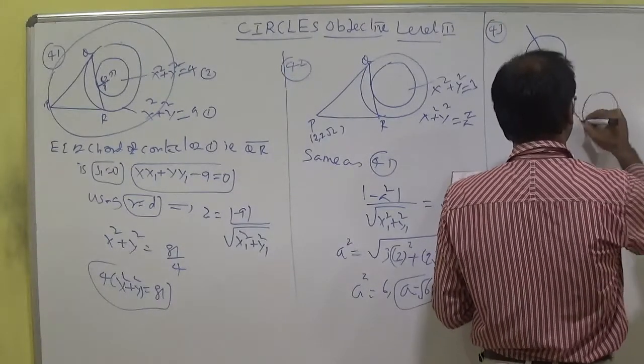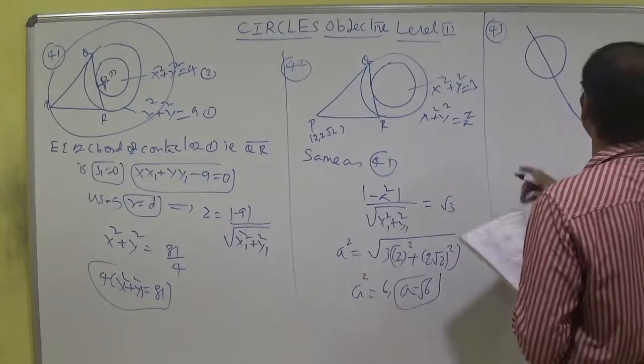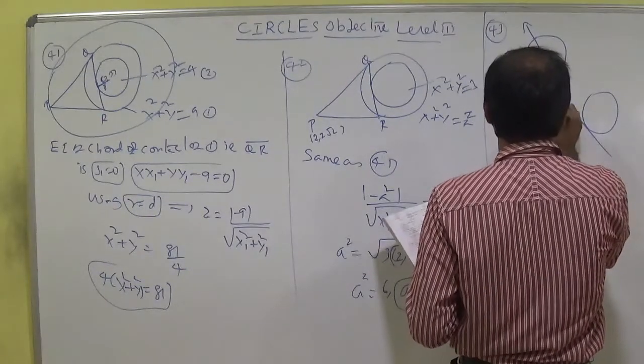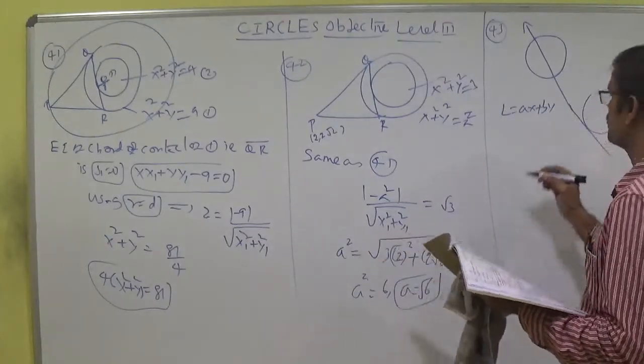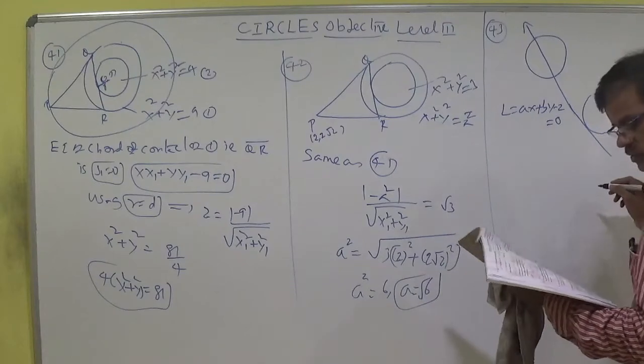This is another circle. Whatever the line given, the line L is ax plus by minus 2 equal to 0.